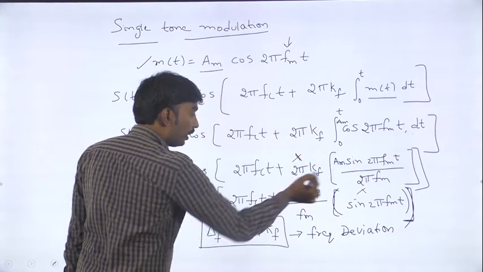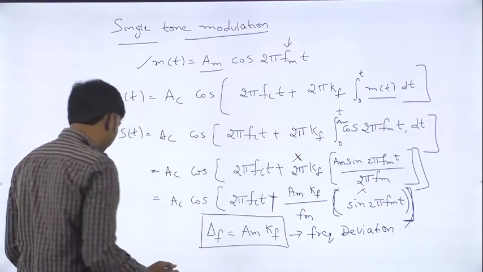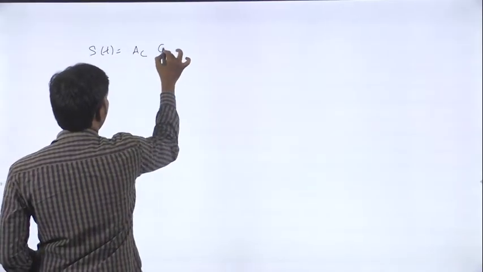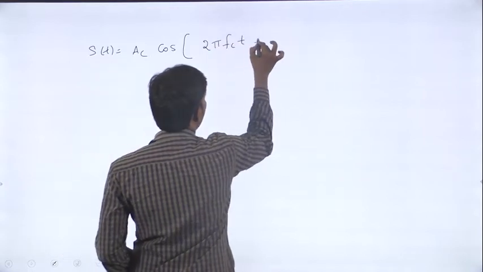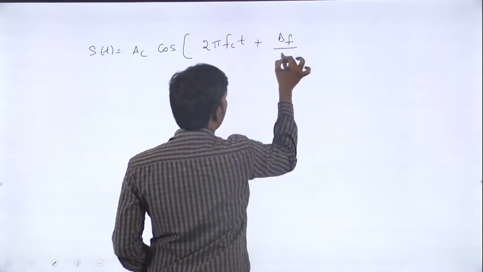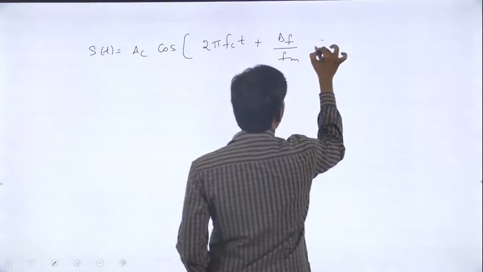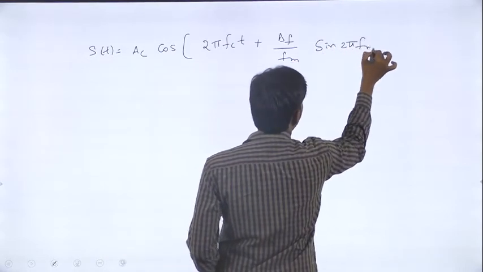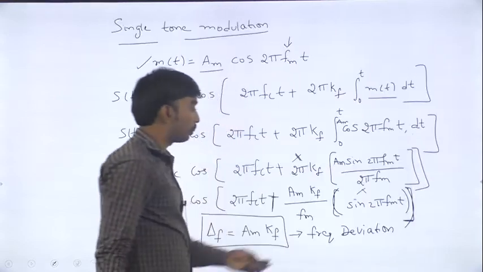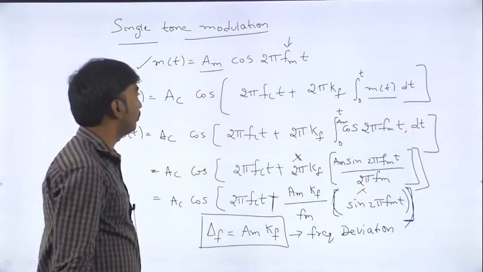Now this becomes delta f, and then how can I write the expression? S of t, single tone expression is cos 2 pi fct plus delta f by fm into sin 2 pi fmt. Now this is the expression, right?